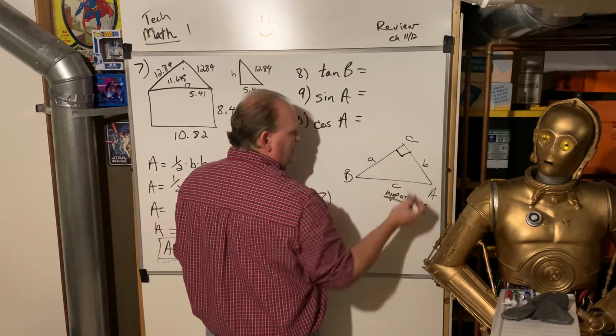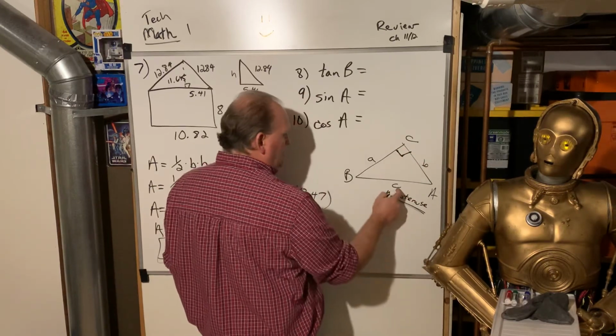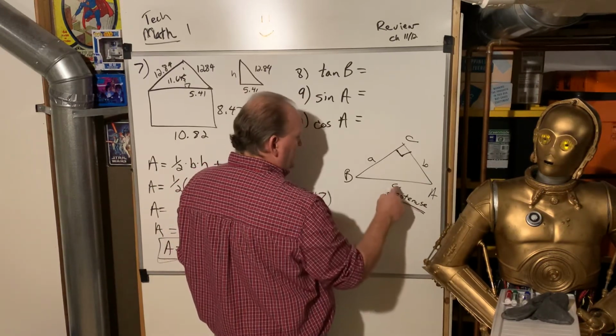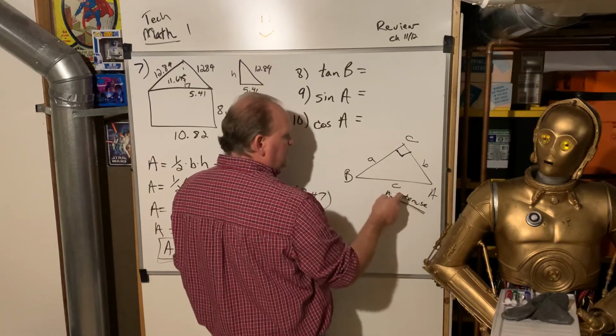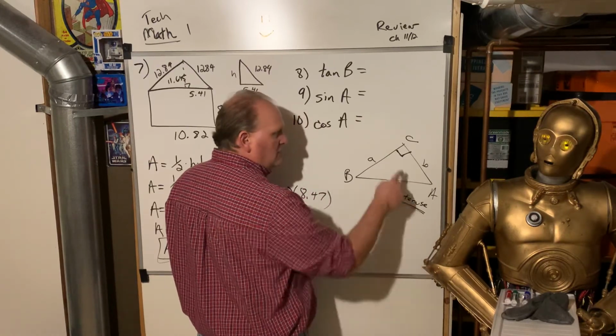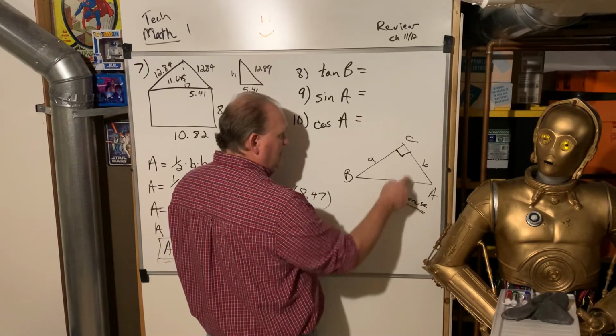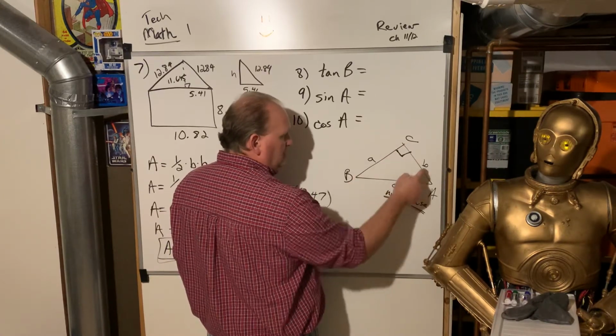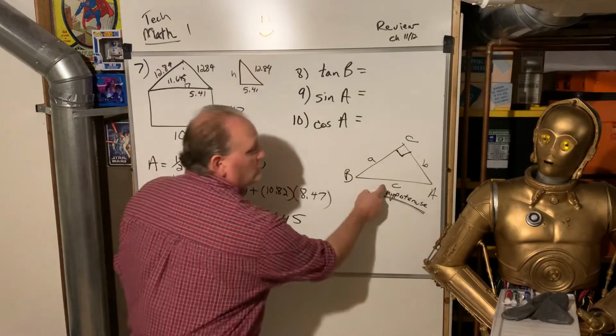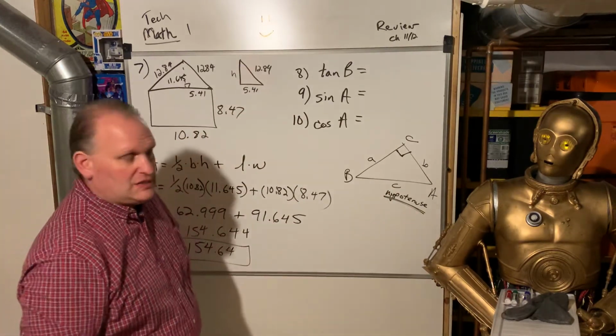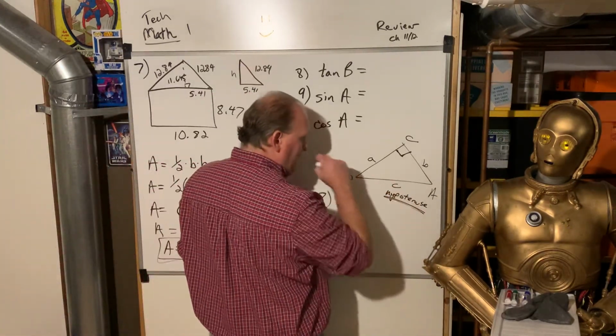Hypotenuse is always opposite the 90-degree angle. So don't get intertwined with letters and saying, oh, if it's C, that's always the hypotenuse. That's not true. This could just as easily be a B there and a C there, and this would be little b and that would be little c, and this would still be the hypotenuse. So maybe write that down where the hypotenuse is.